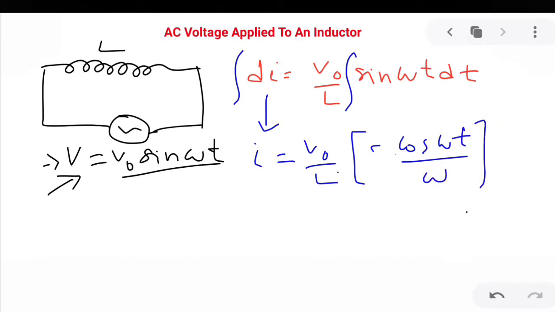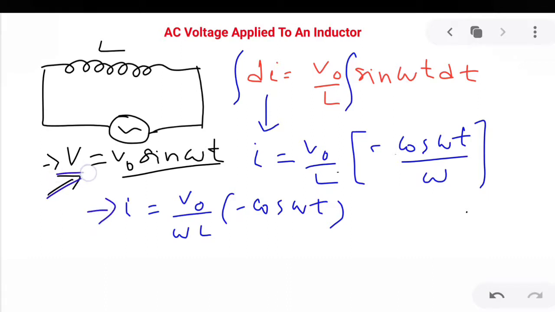Further simplifying, I is equal to V naught by omega L times minus cos omega t. So now we have the equation for current.